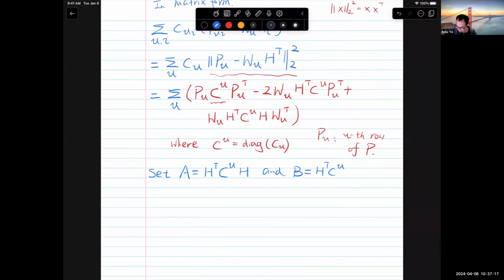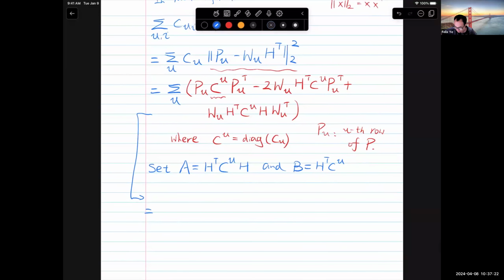So right here, this thing is being the same. C of U, P of U transpose, subtract 2 WU B, P of U transpose, plus WU A WU transpose.